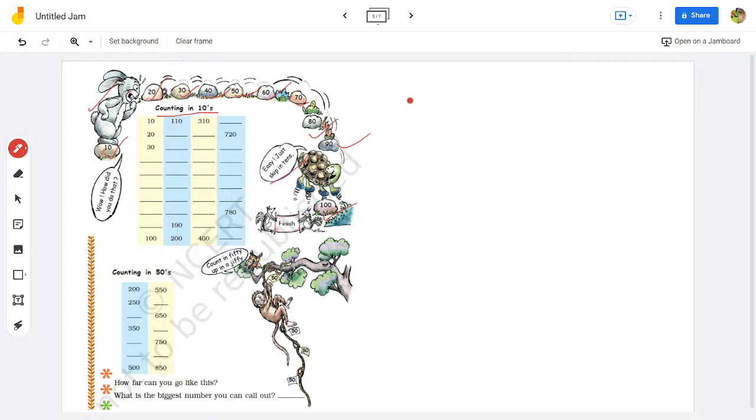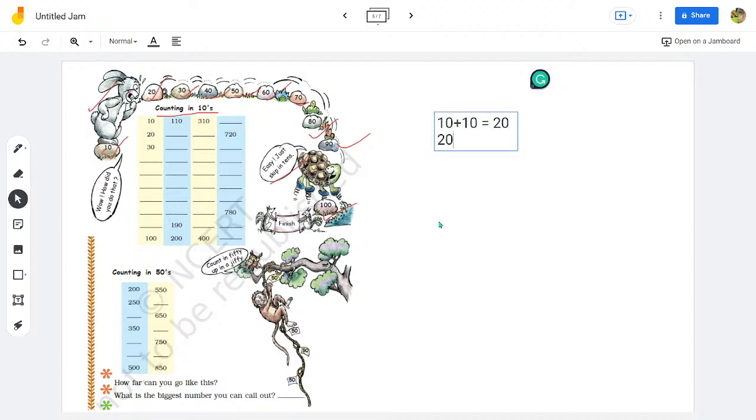So what has Mr. Tortoise done over here? He is simply adding a 10 on to every number. Let's say the first number where the rabbit is sitting is 10. Adding another 10 to that number would give us 20. Now the next number is 20.